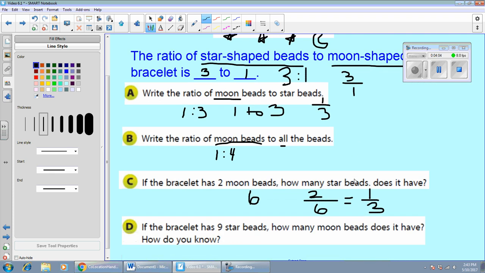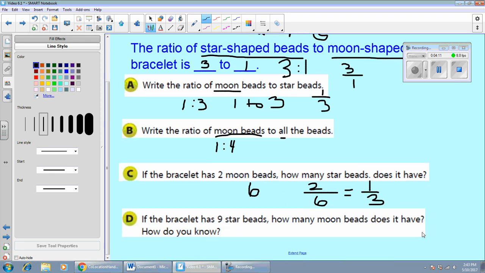Okay, let's look at the last one. If the bracelet has 9 star beads, how many moon beads does it have? Well, I don't even have to draw the picture if I don't want to, because I could say that for every 1 moon, there are 3 stars. And I can label this as moon to star. Now they're saying I have 9 star beads.